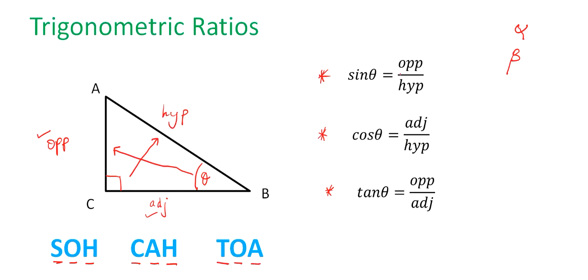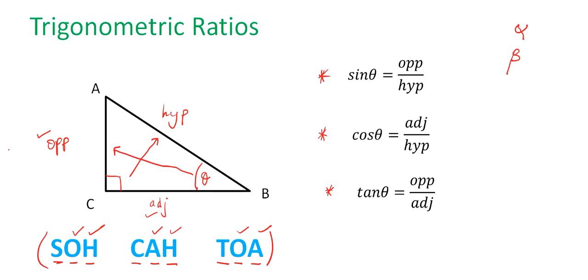Seeing these for the first time, you'll be confused, but just pay attention to this, and this will help you remember the ratios. Also make sure you can identify the opposite, the adjacent, and the hypotenuse from the right angle triangle.